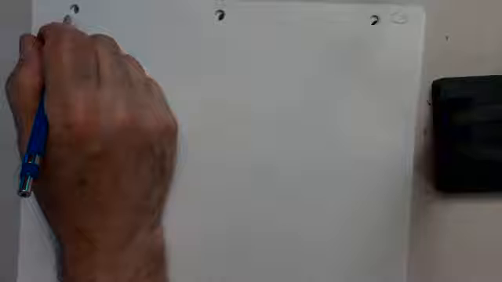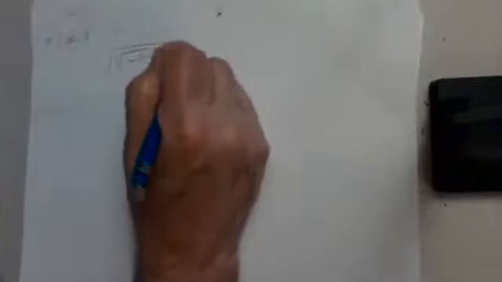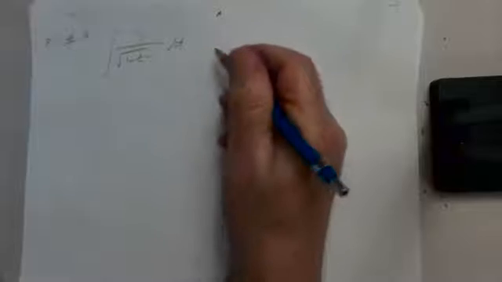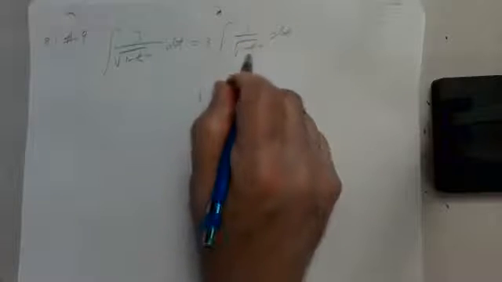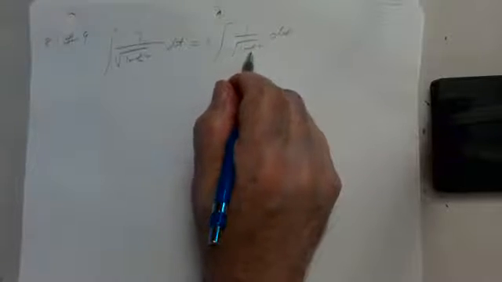So you asked about 8.1, number 9, which is the integral of 3 over the square root of 1 minus t squared dt. And the 3 is just a constant. I can take it outside the integration sign. And we want to know the antiderivative of 1 over the square root of 1 minus t squared.